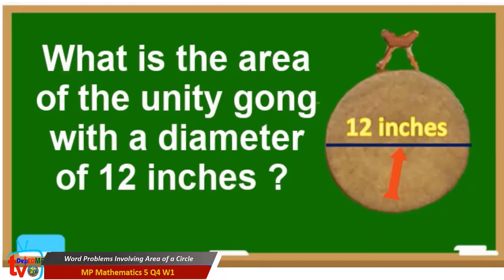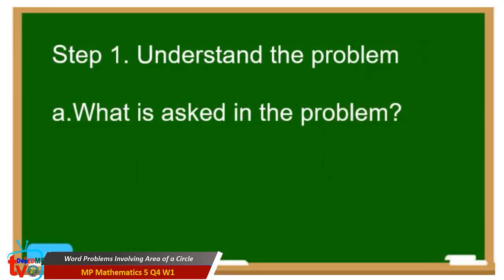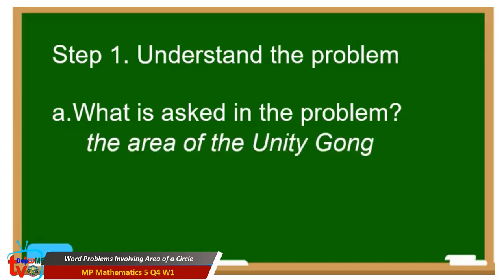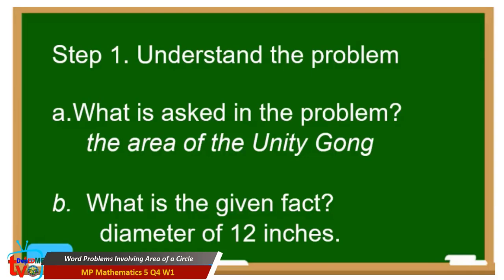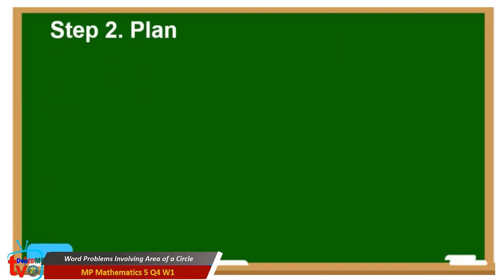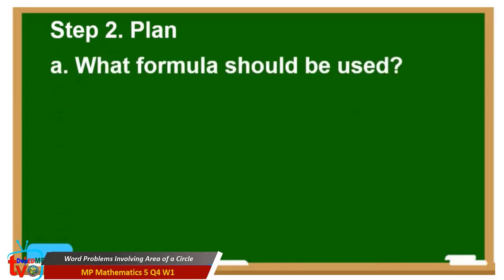Let us solve the problem using the steps in solving a word problem. What is asked in the problem? The problem asks for the area of the Unity Gong. What is the given fact? Diameter of 12 inches. Next, what formula should be used?